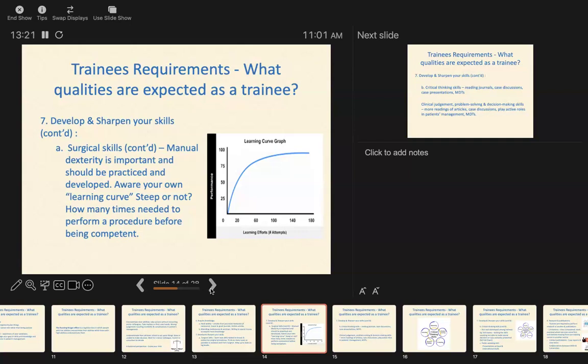After doing 10 procedures, do you think he or she is competent enough to do it on their own? Because the learning curve for each is different. Some people after 3 cases can do everything already. But some trainees, even after 20 cases, still cannot perform the procedure. So this one has to be individualized.